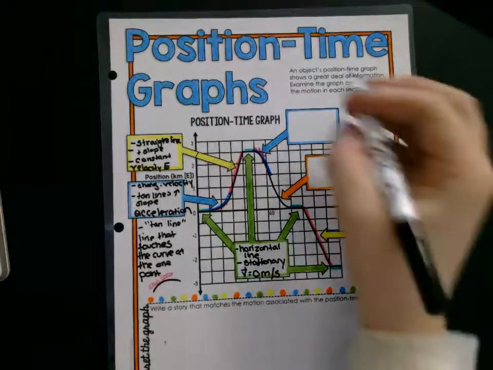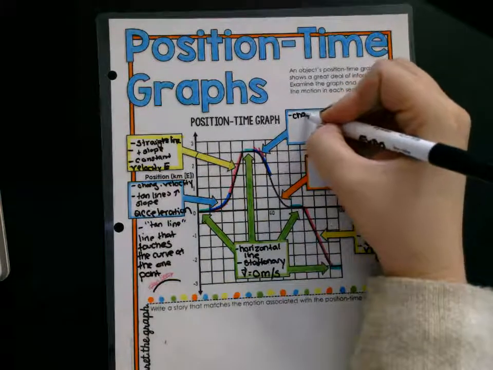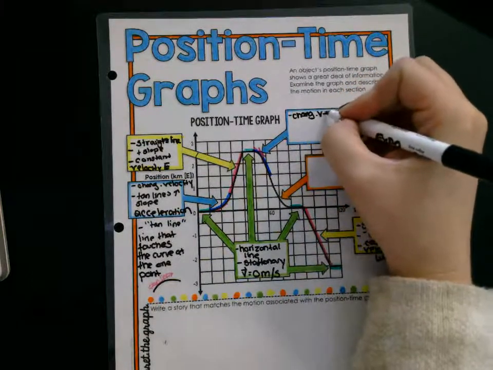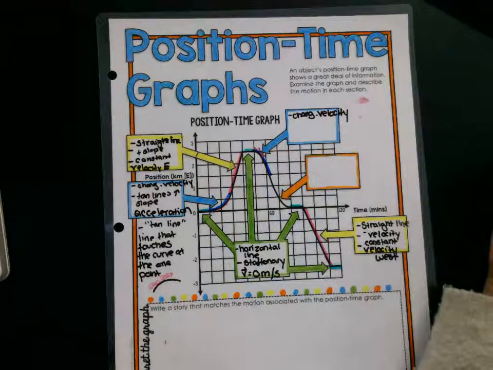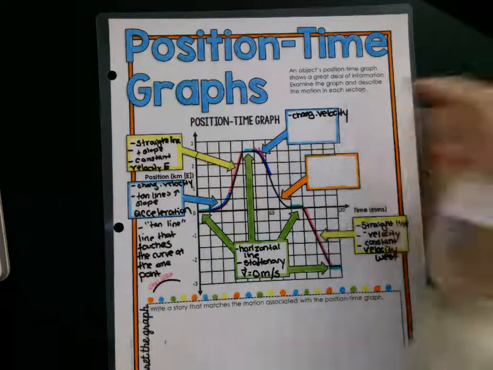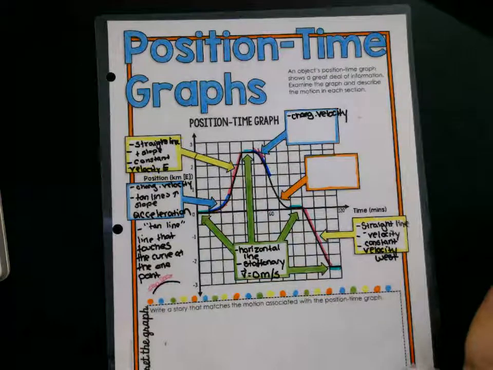So we have a curve, so we know that we're changing velocities. And even though it seems like that might indicate deceleration or that we're slowing down, we're not.